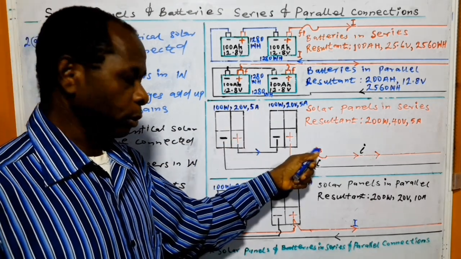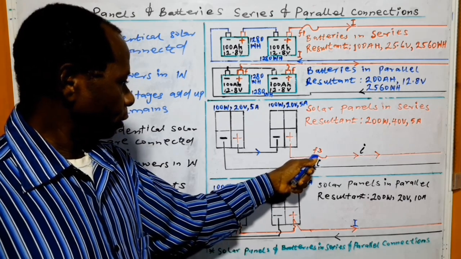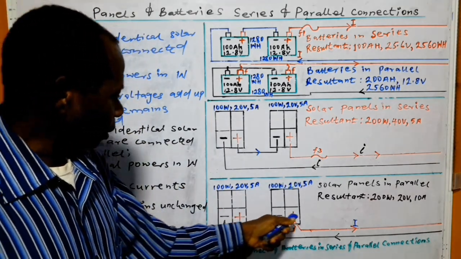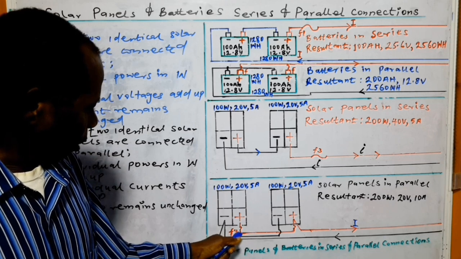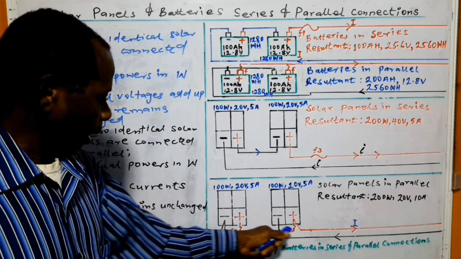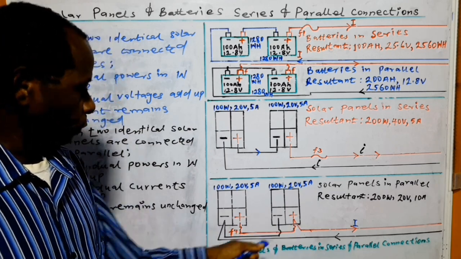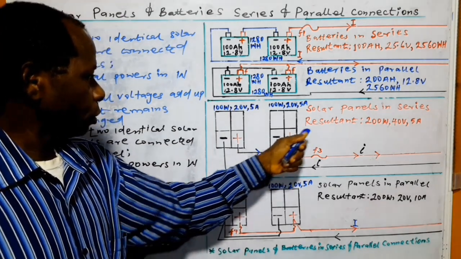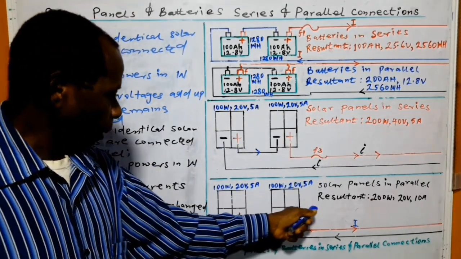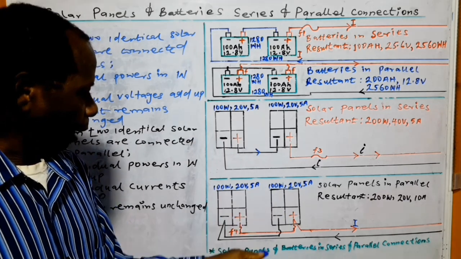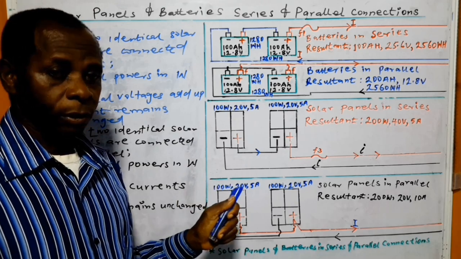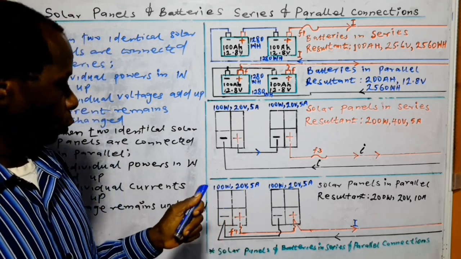So 10 amp will be okay for this protection, for this fuse F3 here. And in this case, the same thing, 10 amp will be okay for the fuse here, 10 amp will be okay for the fuse here. In the case of series connection, we have only one fuse protecting the whole system. But when we have parallel connections, each solar panel has its own protective fuse.